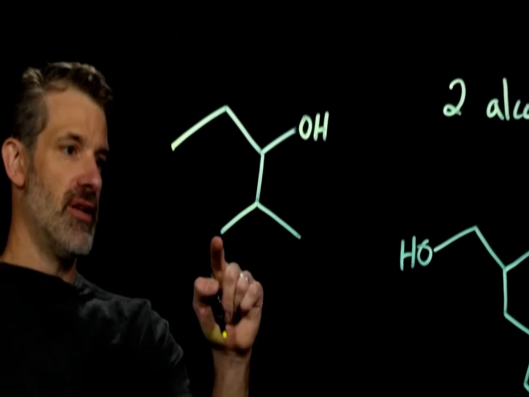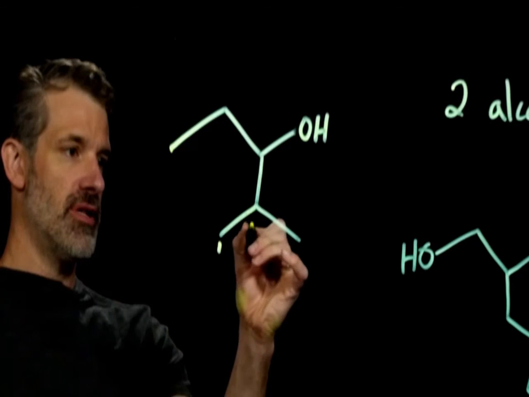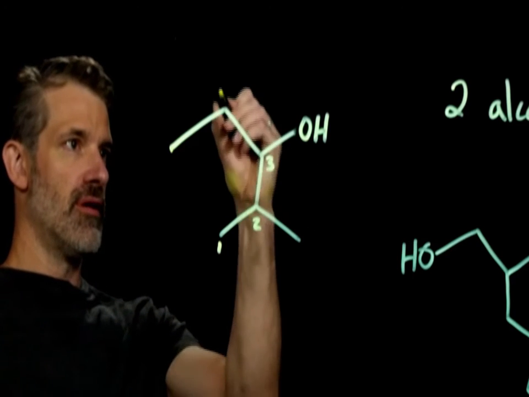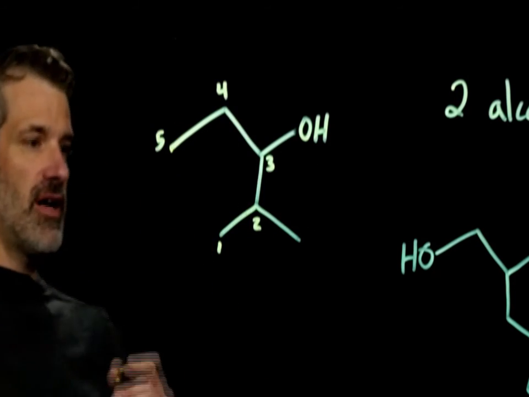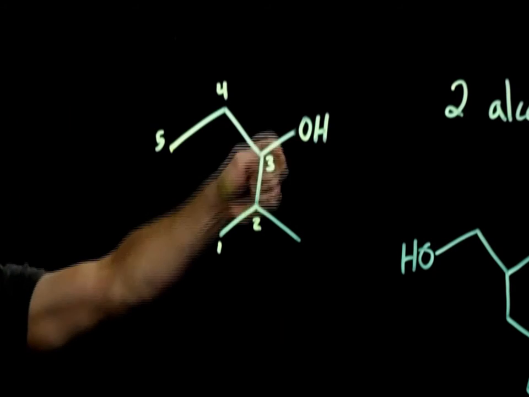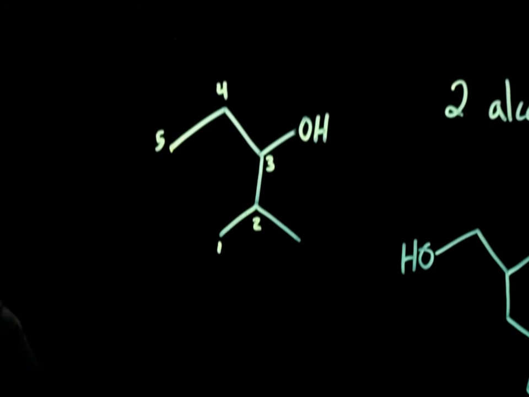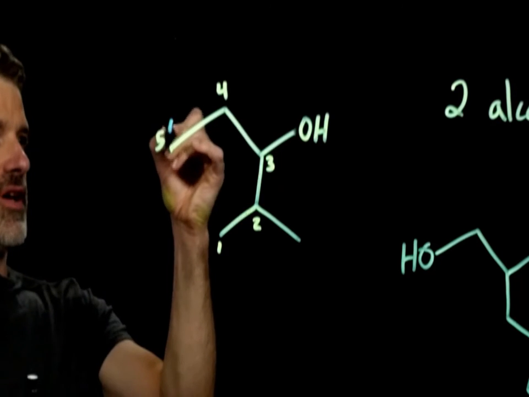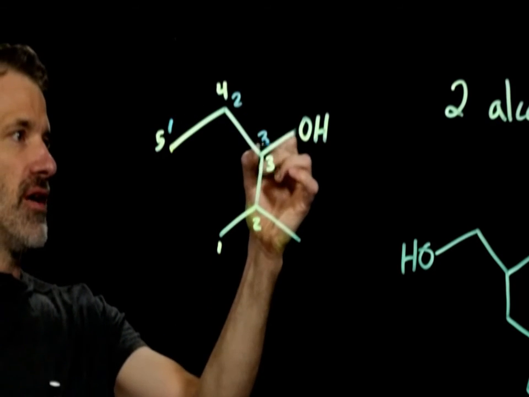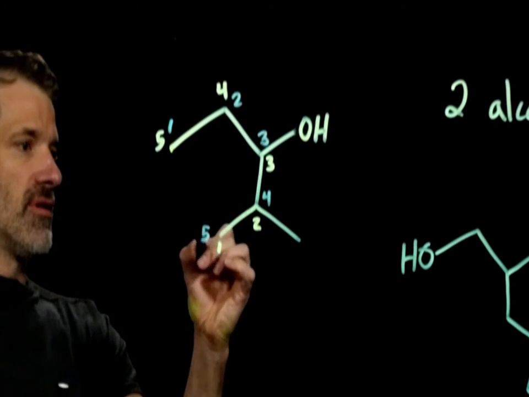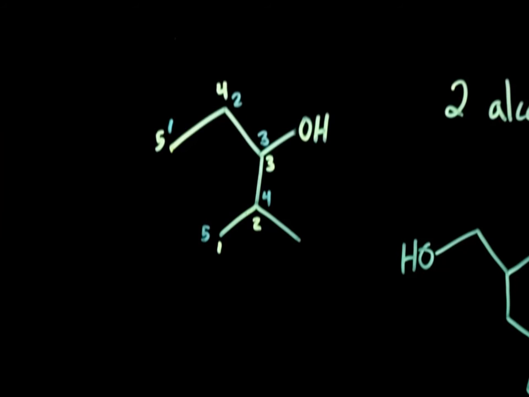So if I number here, I go 1, 2, 3, 4, 5. I get a 3 for the alcohol going in this direction. For the other direction, I also get a 3.